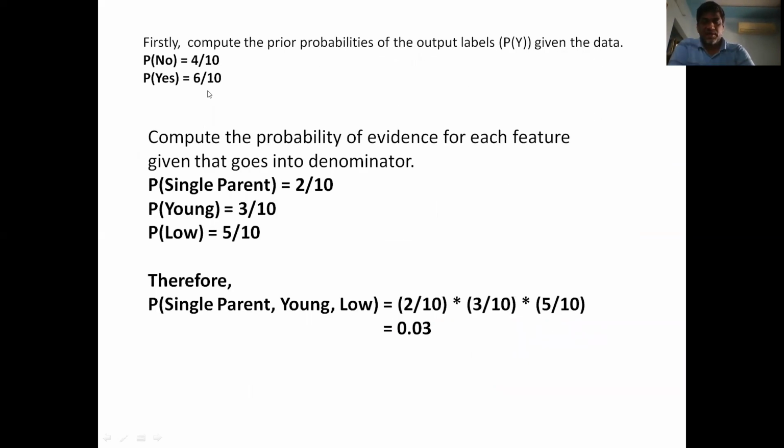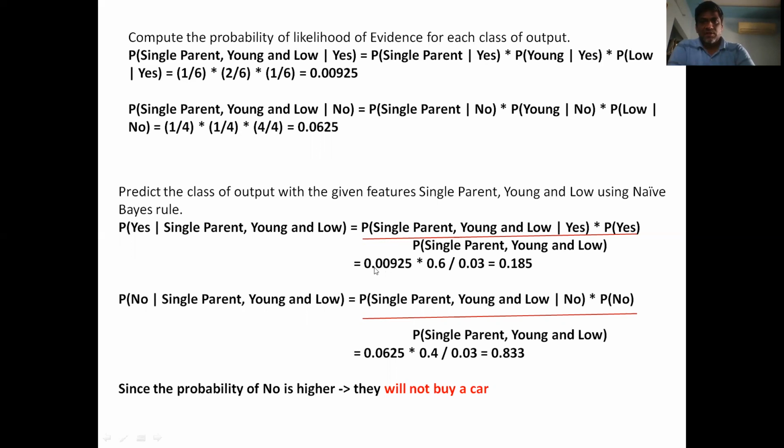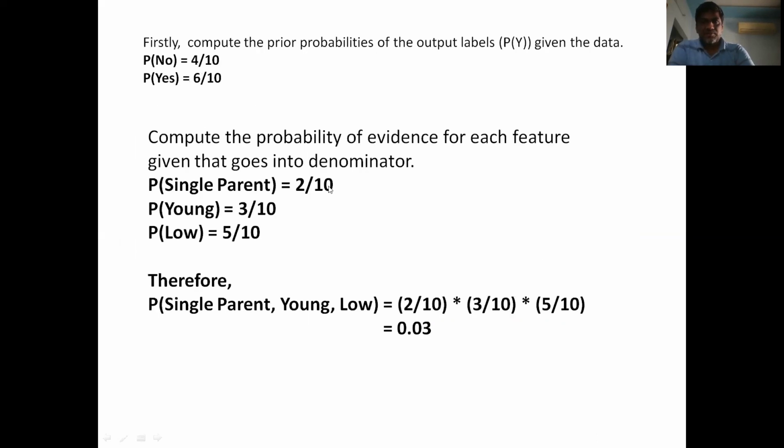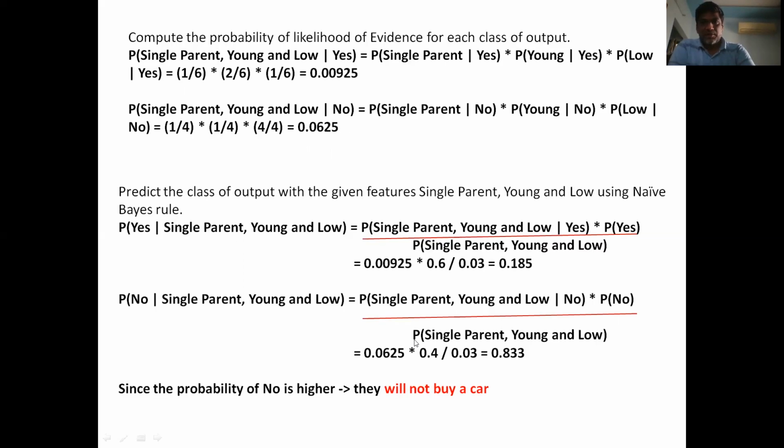Probability of yes is 6 by 10, that is 0.6. So 0.00925 into 0.6, by the probability of evidence, which we have calculated in our previous step, it is 0.03. Okay. So this gives us, when we evaluate, 0.185.